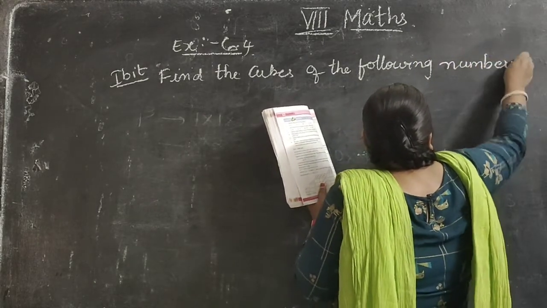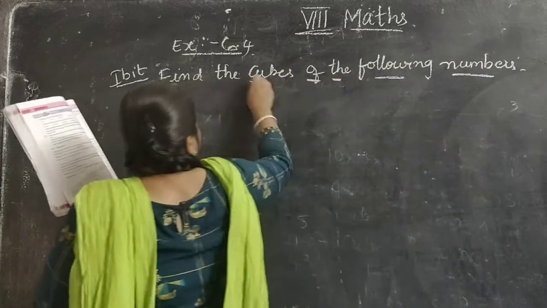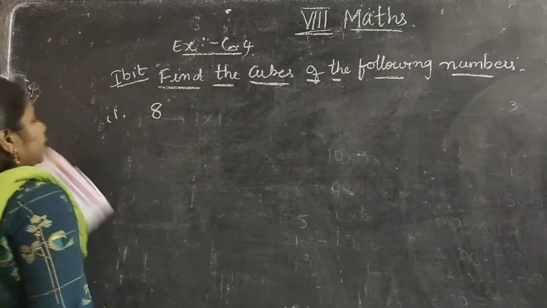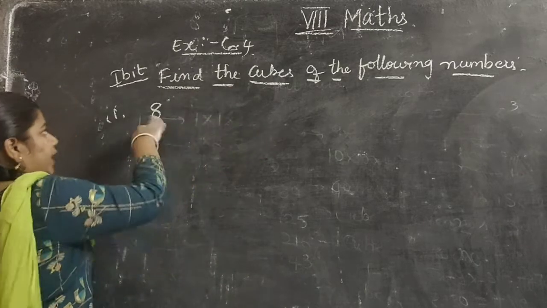So we have to find the cubes of the following numbers. What is the first one? First one is 8. That means we have to find the cube of 8 now.